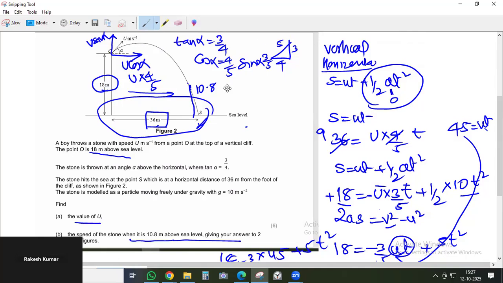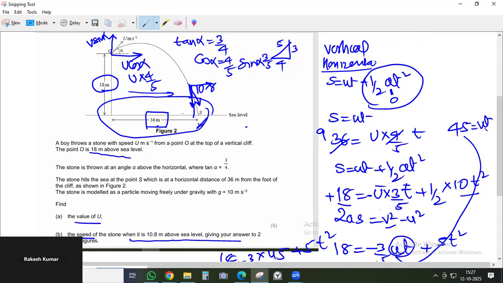Now I drew a height of 10.8. Then I see where it is going. So this is the velocity, approximately. It will have two components, and these two components I need to know. Now he's asking me the speed, not the velocity, but speed is the magnitude of this, right?